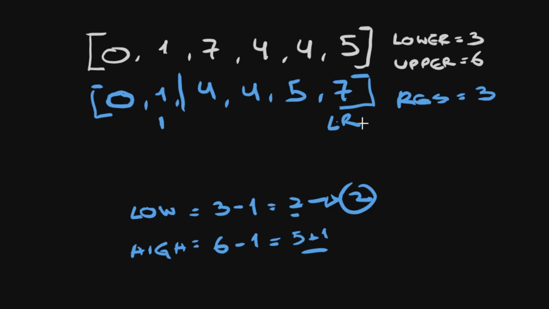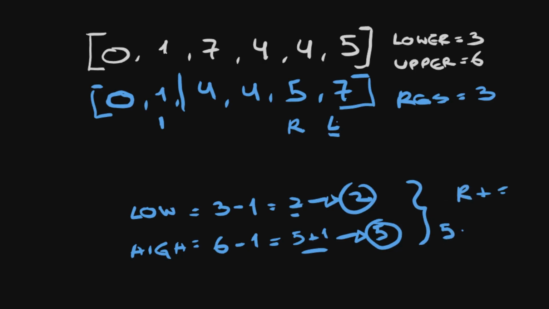And now left, right and mid values are here at the last index, and 7 is greater than 6. So what this means is we want to move right pointer to the left of the mid pointer. Now the right pointer is here, left is greater than right, so we return the left pointer, which is 5. Now we have both binary searches, so we add to the result 5 minus 2, which is 3. And now the result is 6.